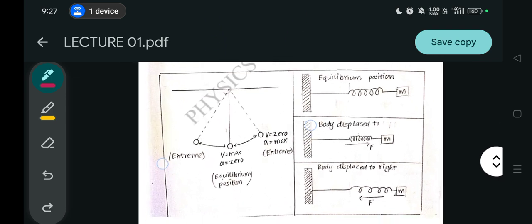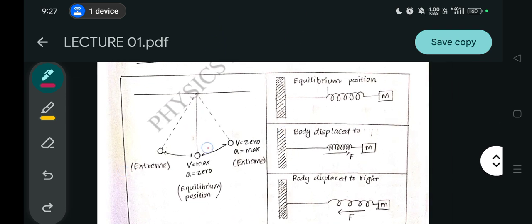Imagine a bob tied with a string along a strong surface. Now imagine a simple bob tied with a string, and its complete assembly makes the structure of a simple pendulum. If you pull the bob to one extreme and release it, you'll notice a few things.